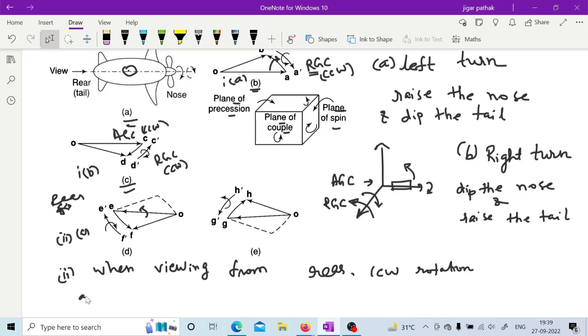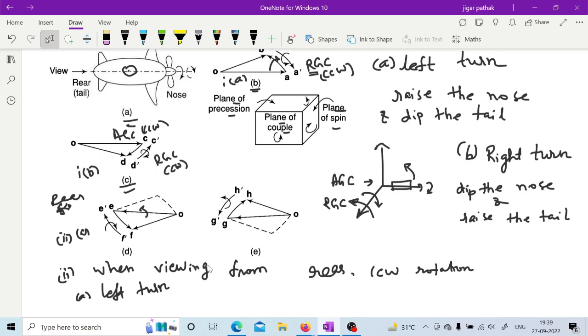What was A? A is left turn. So what is going to happen in this case? Can you see what is happening? Anyone? Nose rise and tail dip. Nose down and tail rise.